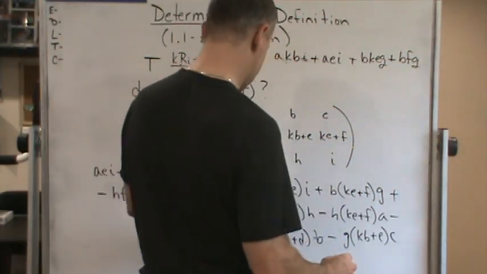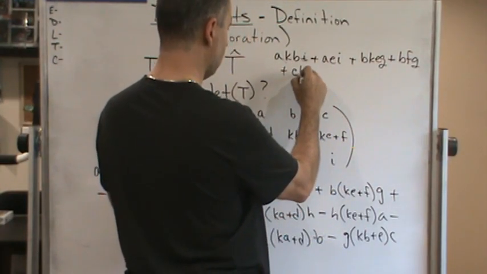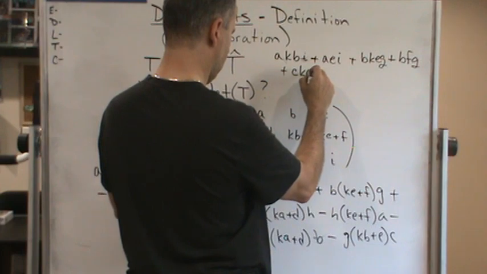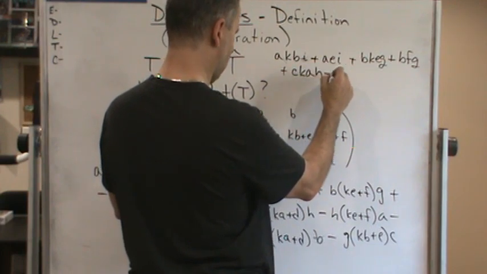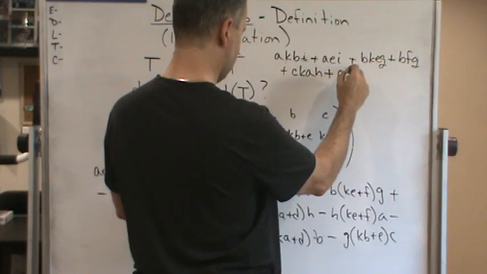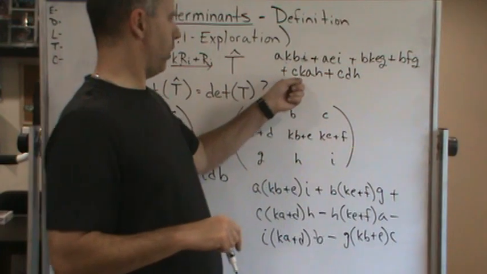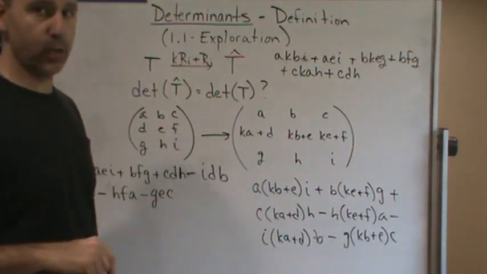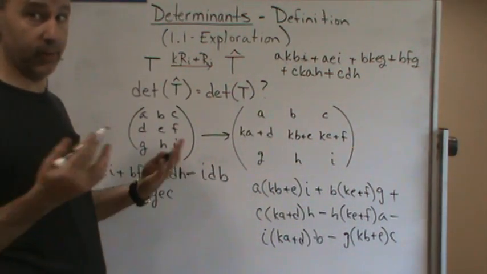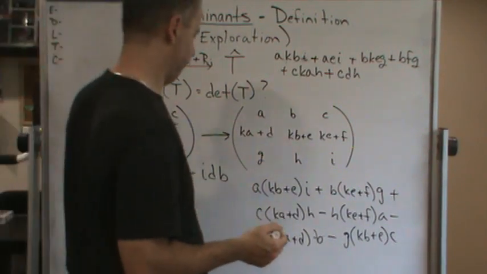It's a good sign. Plus CKAH plus CDH. My guess as I'm going through this is these four letter terms are going to fall out. They should, right? If they're the same, all the four letter terms should fall out.